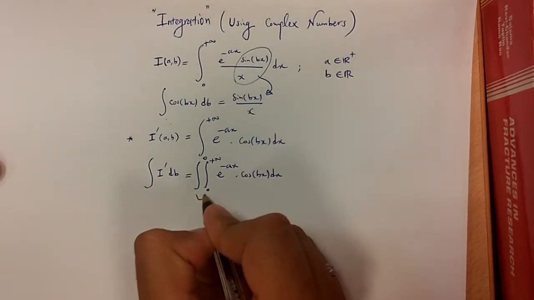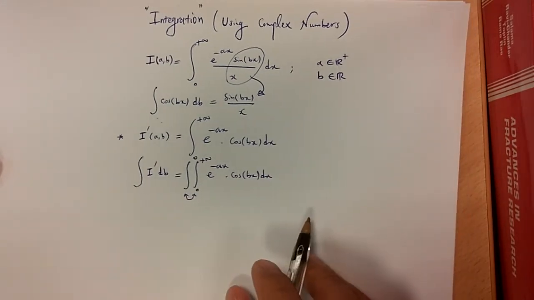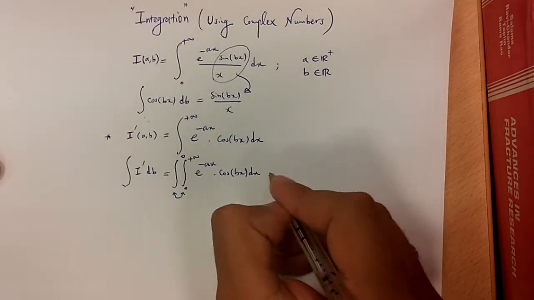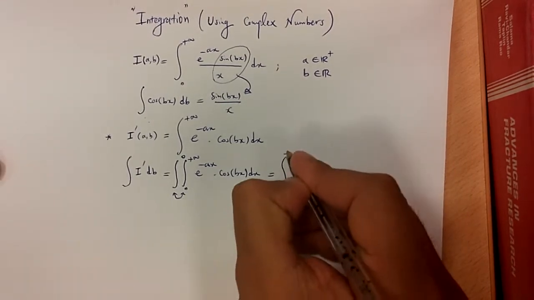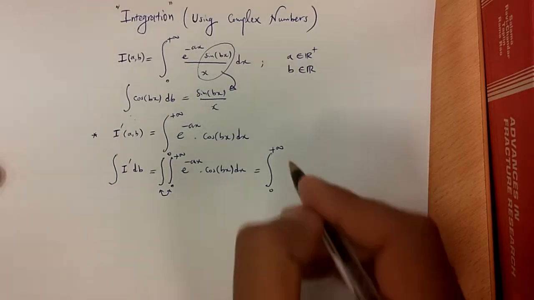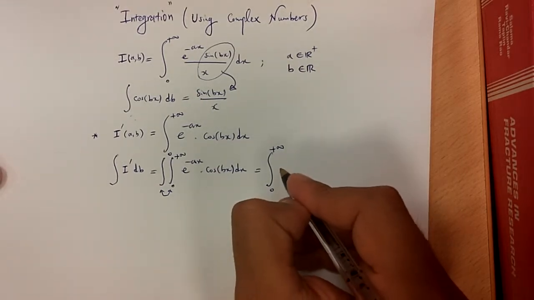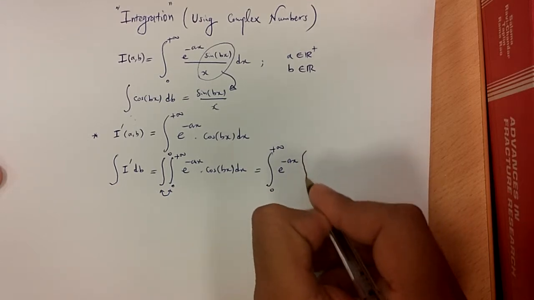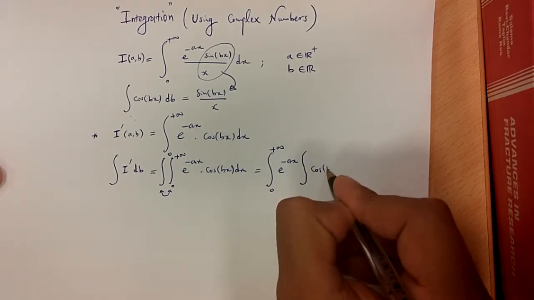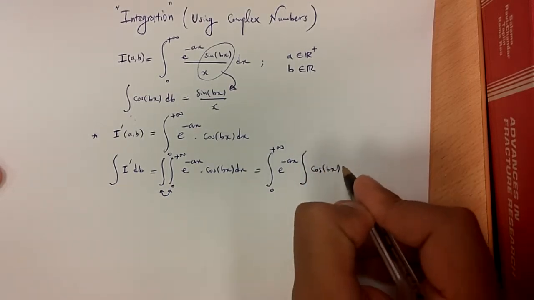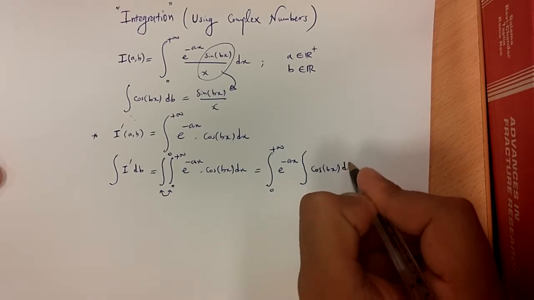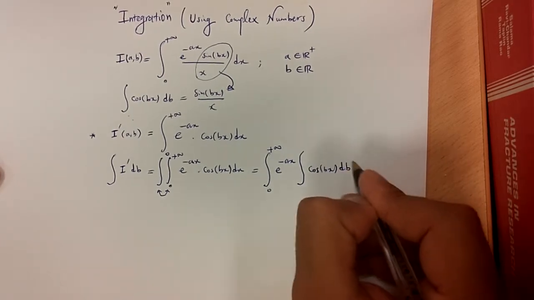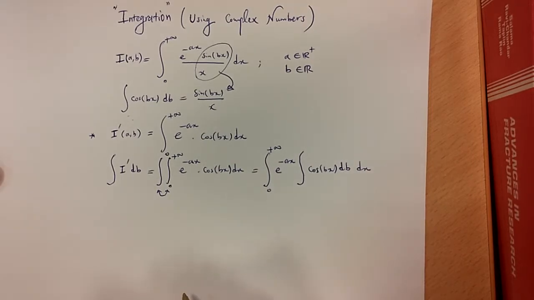If I simply change the order of these two integral signs, I have the integral from 0 to plus infinity of the exponential of minus ax times the integral of cosine of bx db, and finally dx.